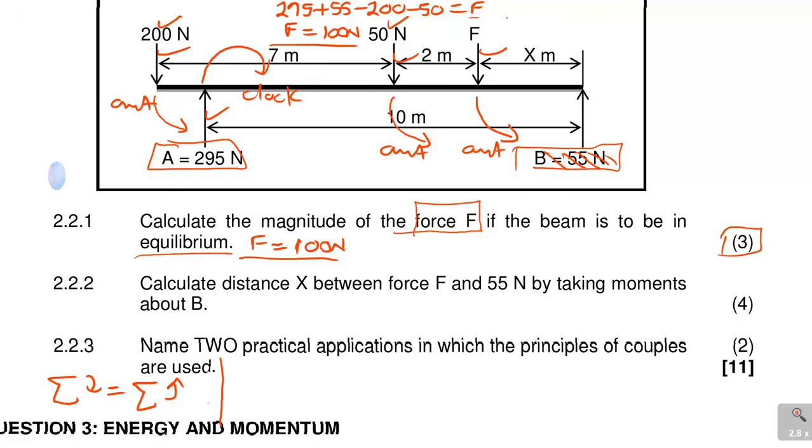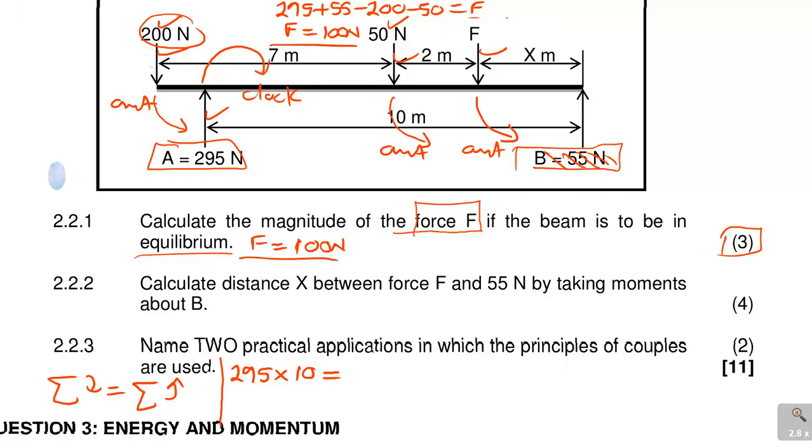So let's look at them there. Which one is the clockwise moment? It's A, which is 295, times what is the distance of A from B, which is 10 meters there. They are showing us 10. There is no other clockwise force. This is equal to, you start with the 200.